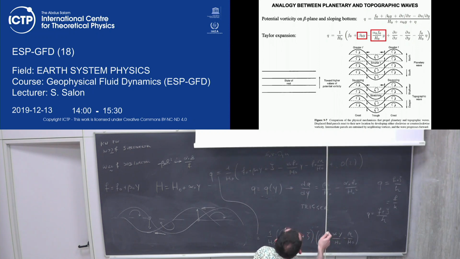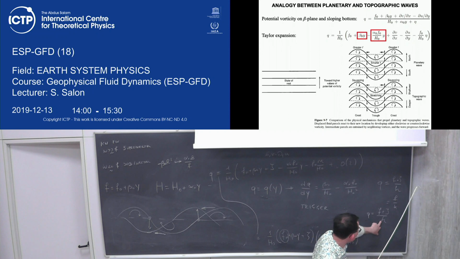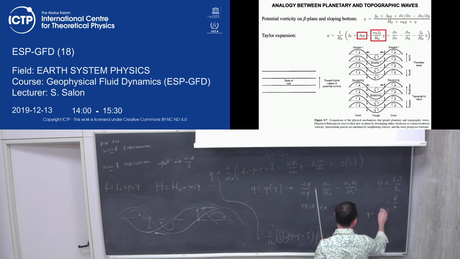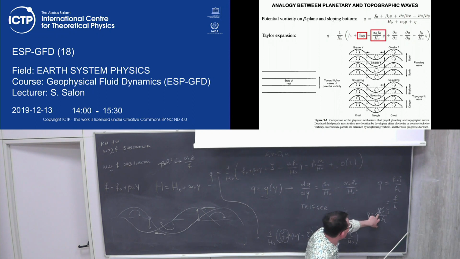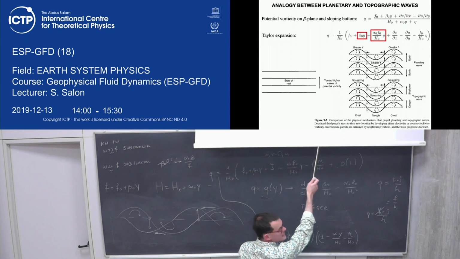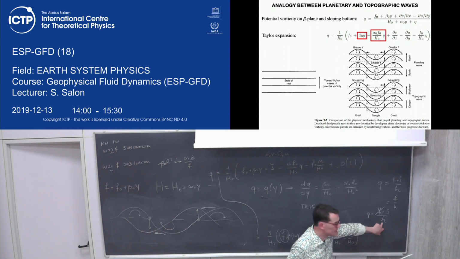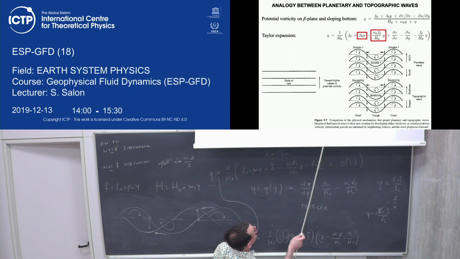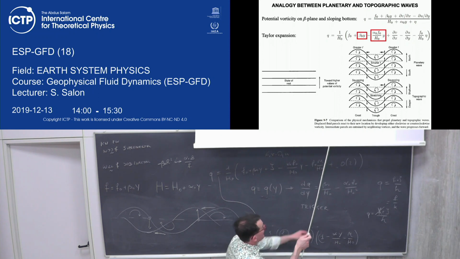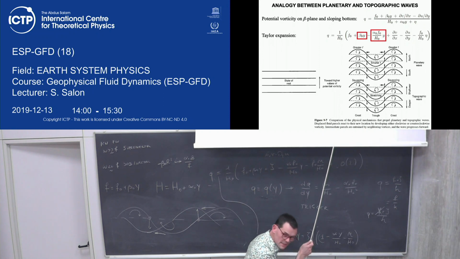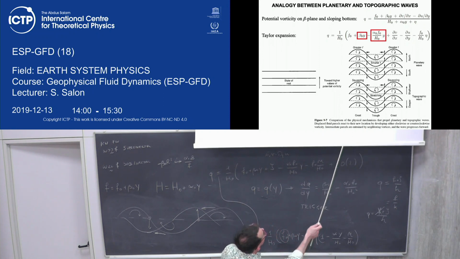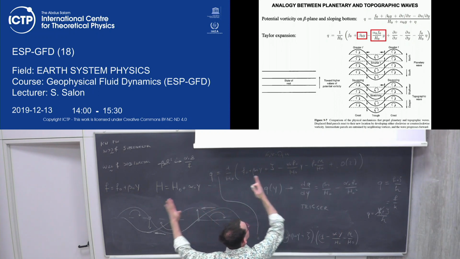For the topographic waves, keep F constant and work only on zeta and H. So I'm moving in the shallow direction, so I decrease H and I also decrease zeta. So I create, another time, an anticyclonic motion. Here the same: I increase H, I increase zeta, and so I have a cyclonic motion. Exactly the same effect. So all the wave is moving rigidly in this direction.